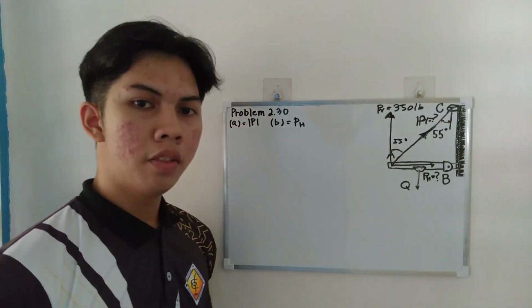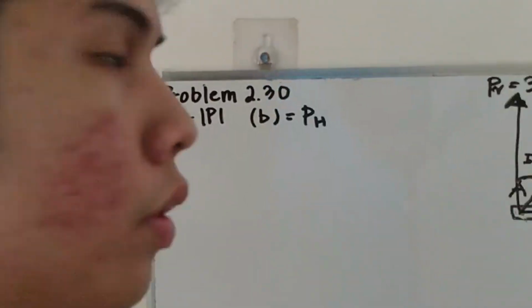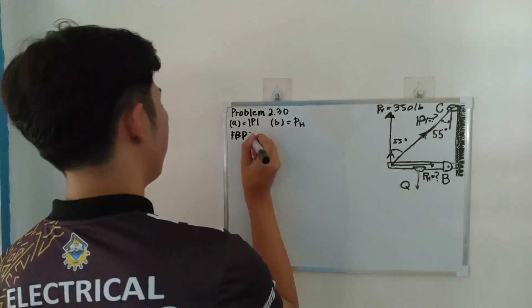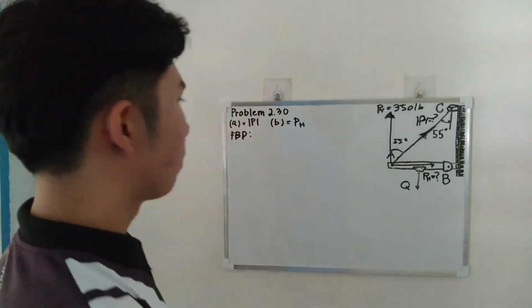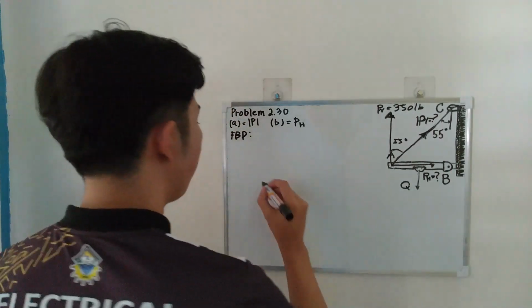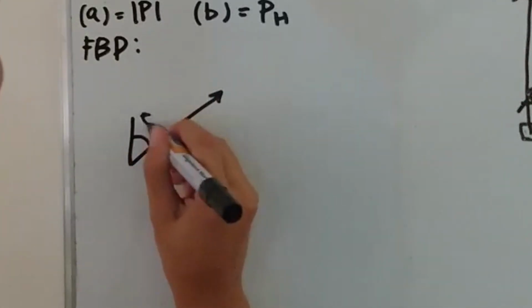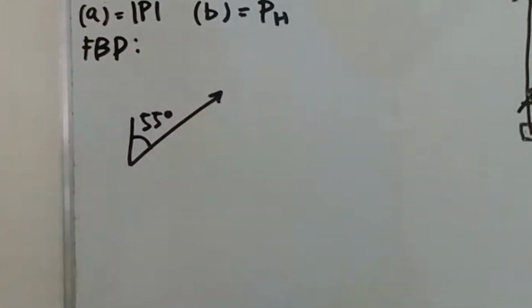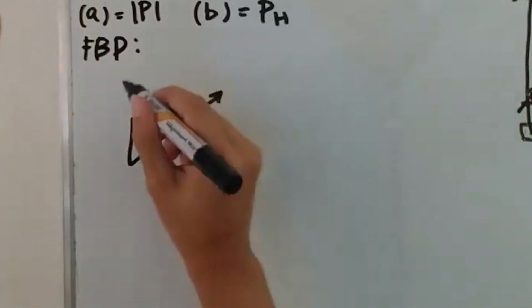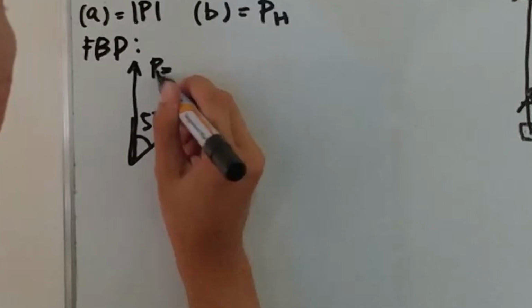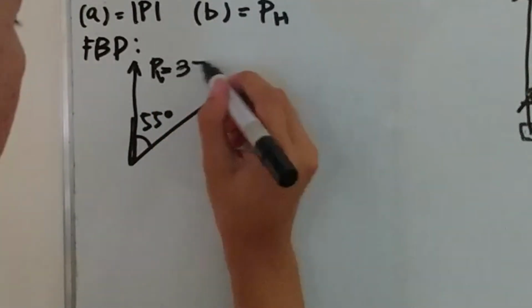And now that we've identified what is given and what is required, we can now put the free body diagram here. We have a force P making 55 degree with vertical, and also the PV, the vertical component, which is given as 350 pounds.